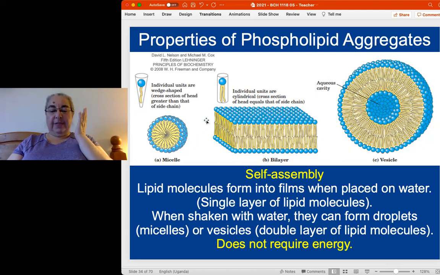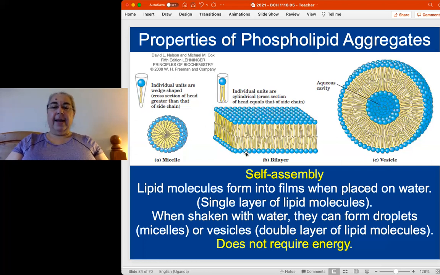On the other hand, we've seen that phospholipid molecules found in membranes tend to have two tails like this, which means that their tail and their head are a similar diameter. They're more like a cylinder rather than a wedge. Okay? So when molecules like this associate together, rather than forming a spherical structure, they form a flat bilayer.